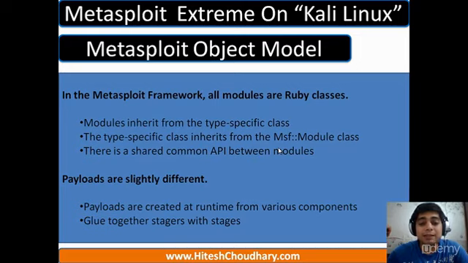The type-specific classes inherit from the MSF module. This is the core concept, or code structure, of how you import the module, that is MSF modules. There is a shared common API between the modules, so you do not need to start from scratch. You can import the functionality of one module into different module classes.